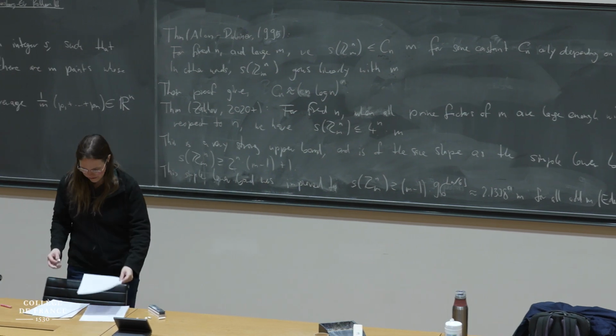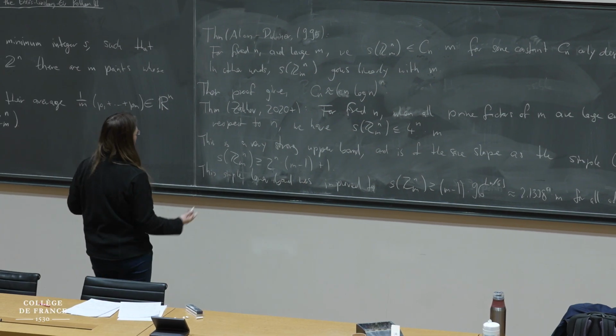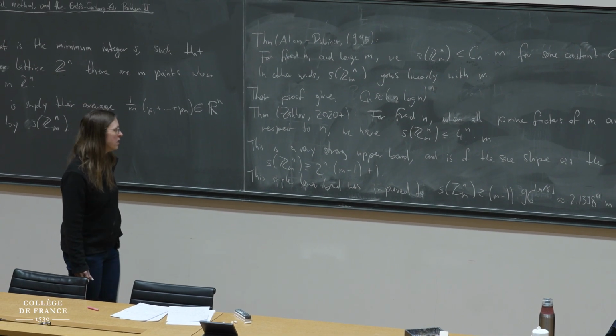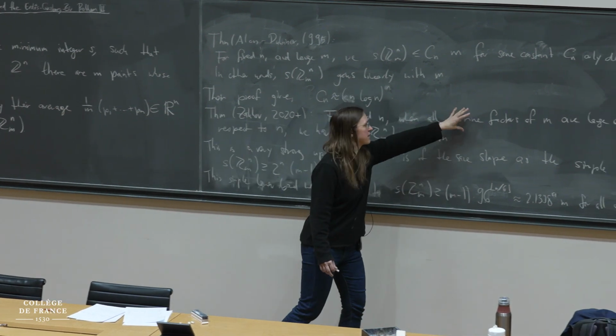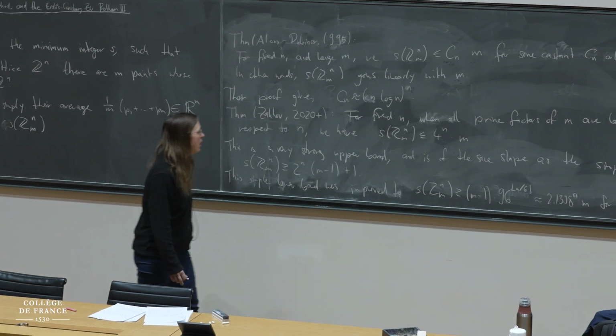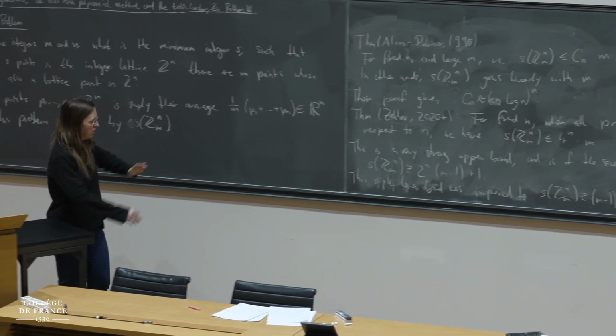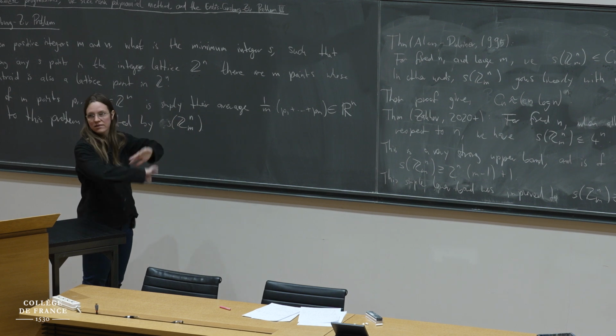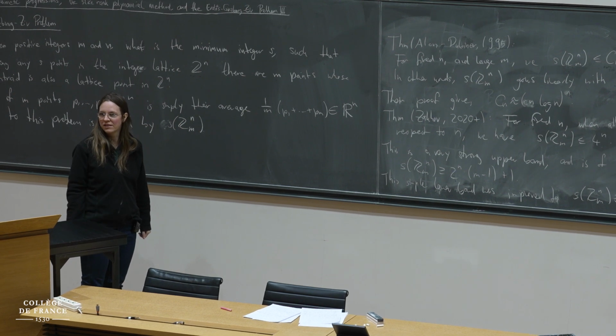And so I would say that for fixed n, this problem is now reasonably well understood, with a small technical caveat about the prime factors of m. But if one now goes away from the range of fixed n and looks at this again, then it's still widely open what the right behavior is, yeah?